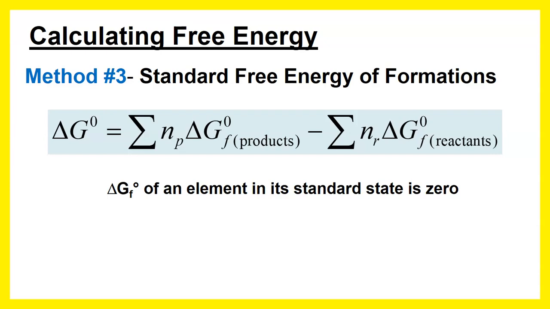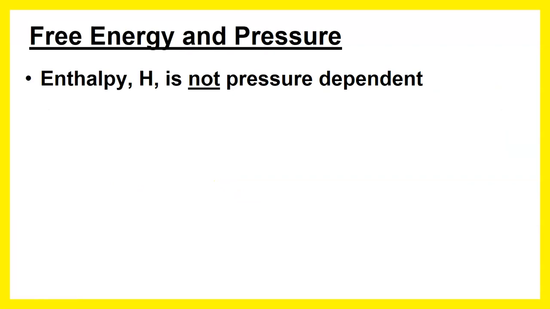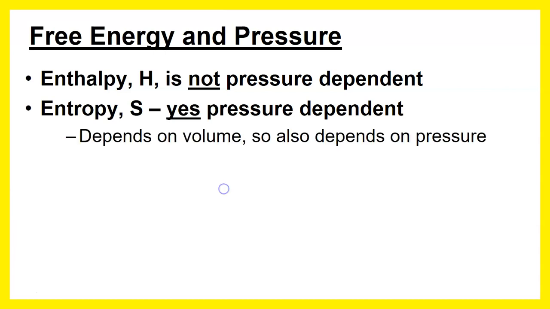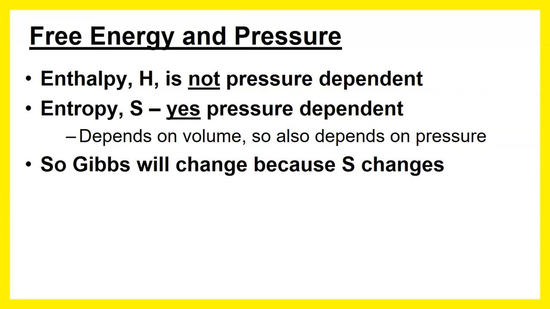Quick comment about pressure. So enthalpy is not pressure dependent, but entropy is. The entropy depends on the volume because that impacts the places you can arrange those atoms. It changes the number of microstate arrangements. And so your Gibbs energy could change based on pressure because that entropy component is changing.